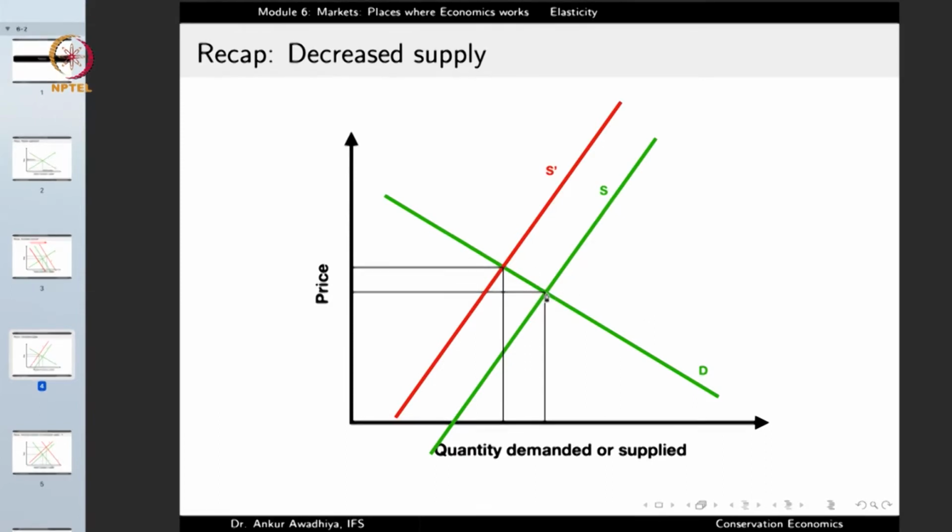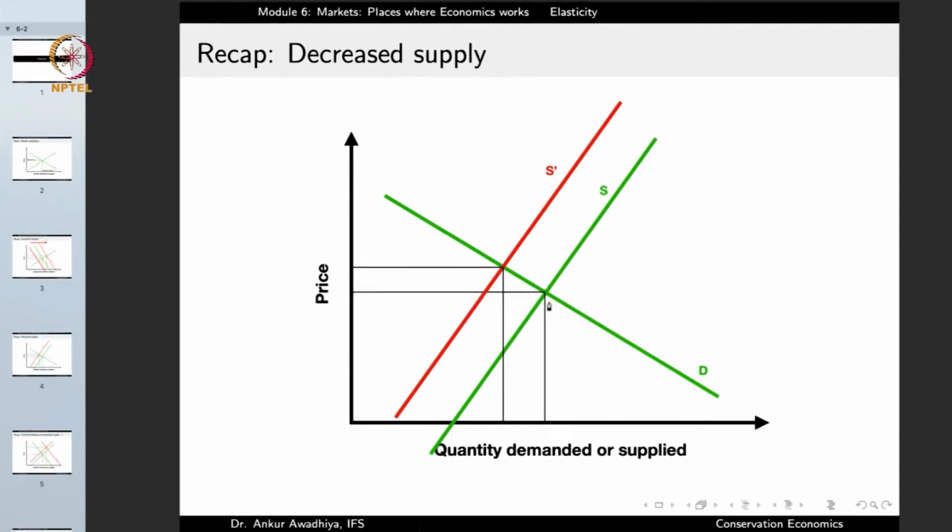Now earlier the price at equilibrium was this. The new price at equilibrium is this. So what we are observing here is that if there is a decrease in supply, that leads to an increase in the equilibrium price. So less is the quantity that is being supplied in the market, so there will be more price at which people will have to buy this product.